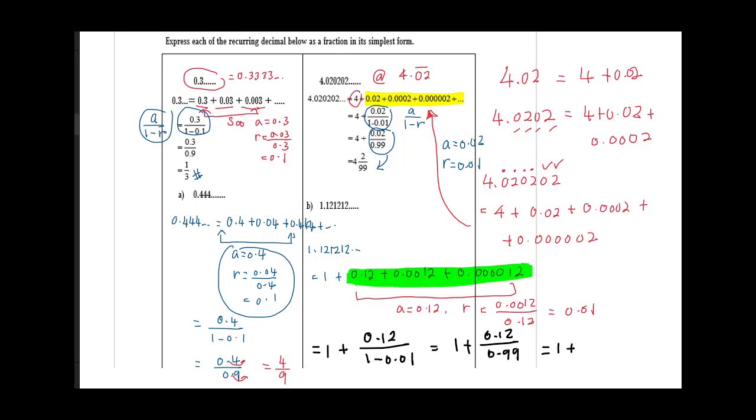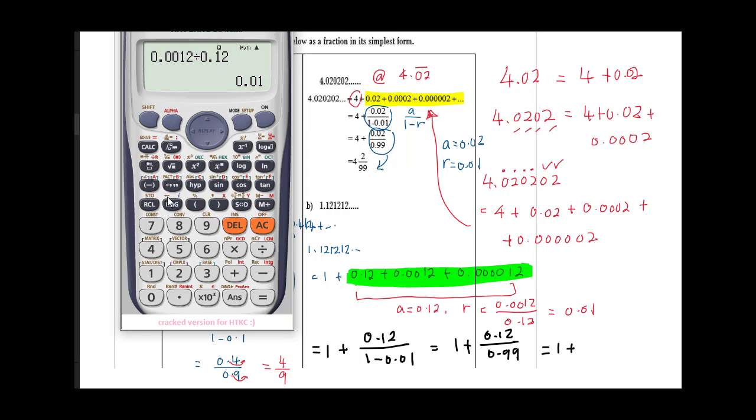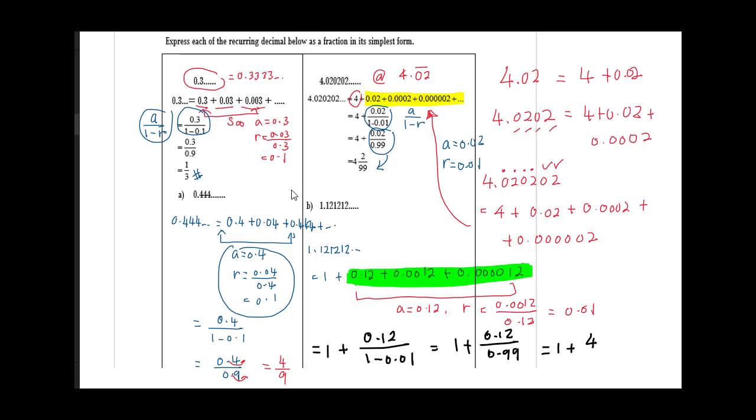When you press the calculator, 1 plus 12 over 99 gives 37 over 33. So this is how you convert it. Okay, that's all for today.